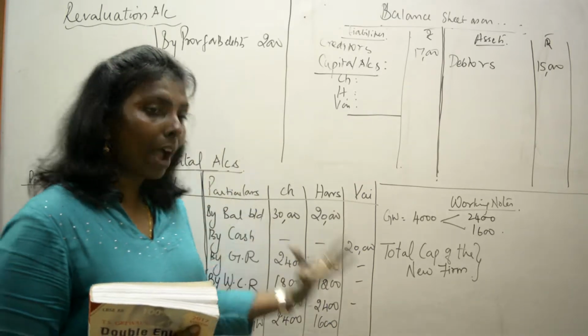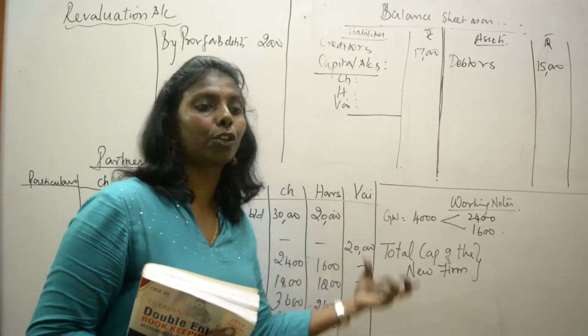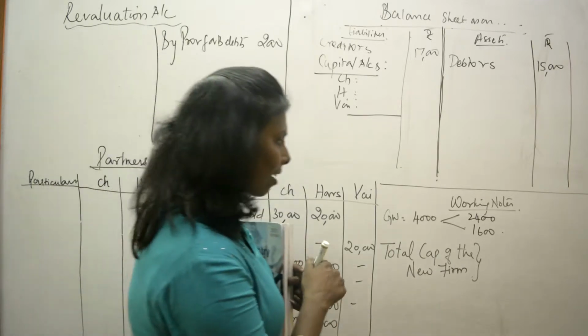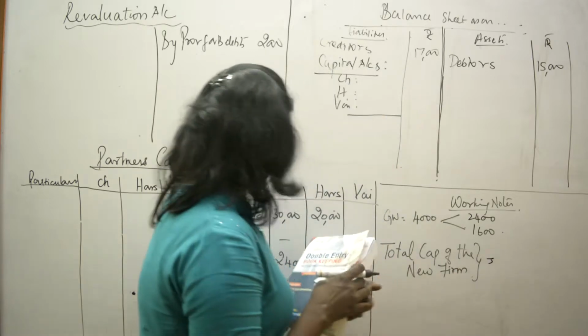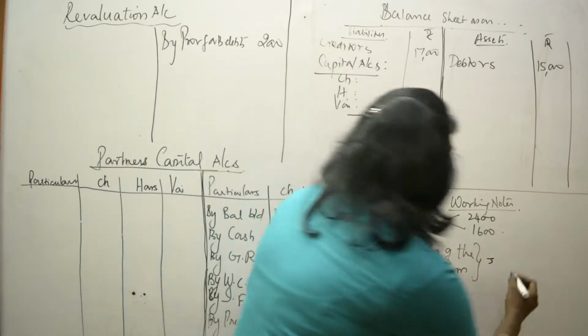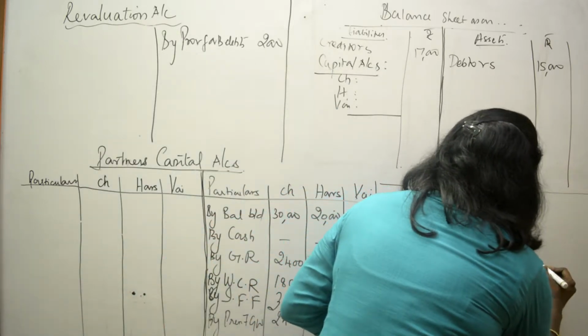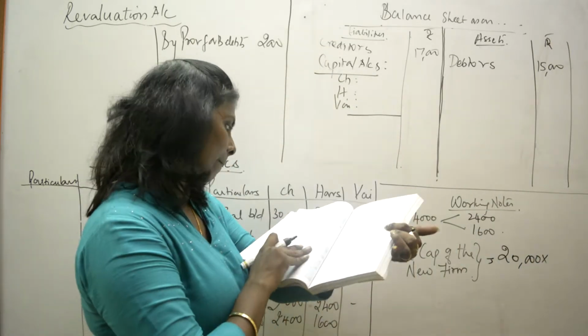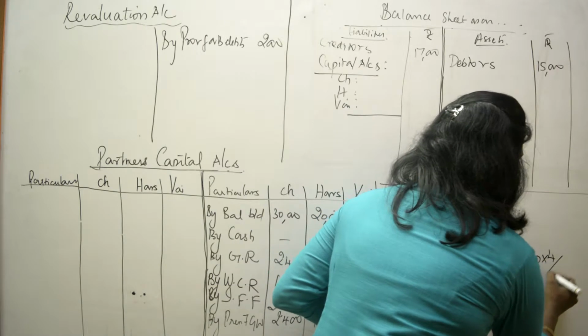We are going to find out the total capital of the new firm based on Vaishali's capital. Vaishali's capital is 20,000, so 20,000 into the reciprocal of her share. Her share is 1/4, so I get 4 by 1.